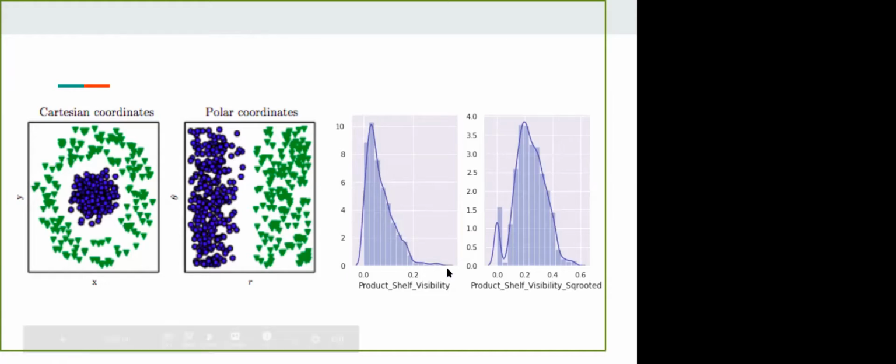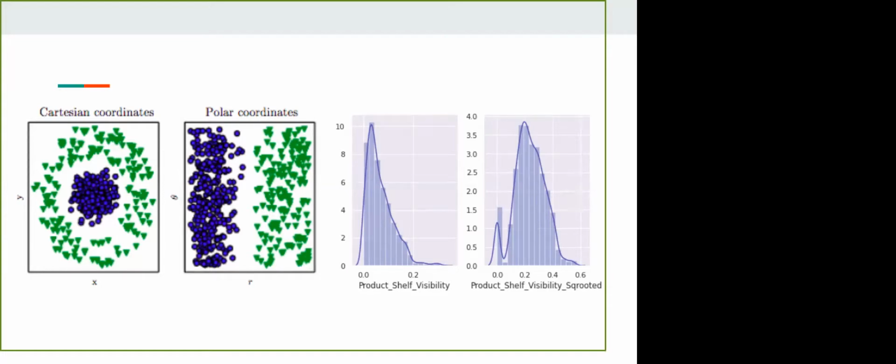Basically, we don't want our data to have a left skew or right skew. We want the data to be as close to a Gaussian or normal distribution as possible. So we would perform several transformations.